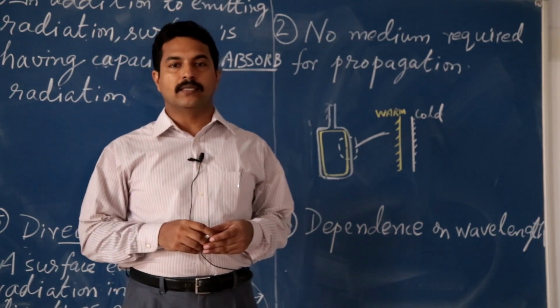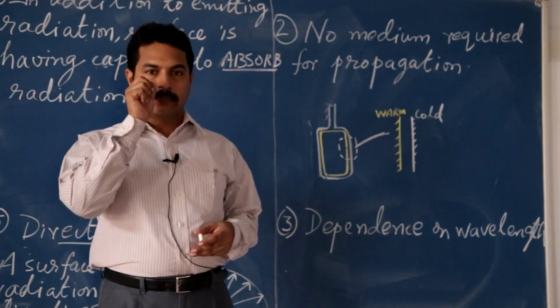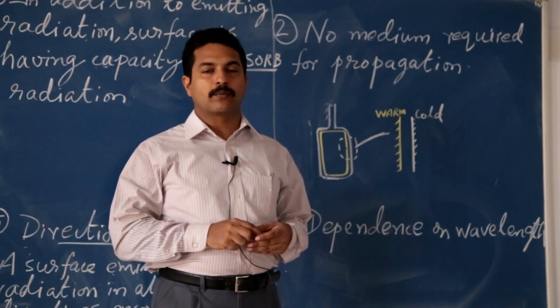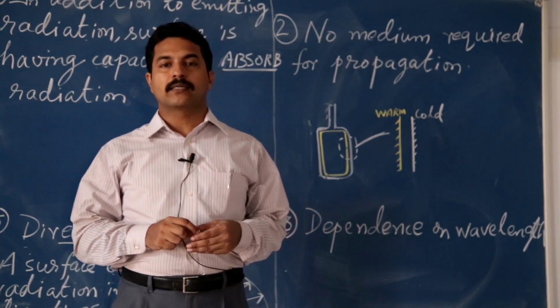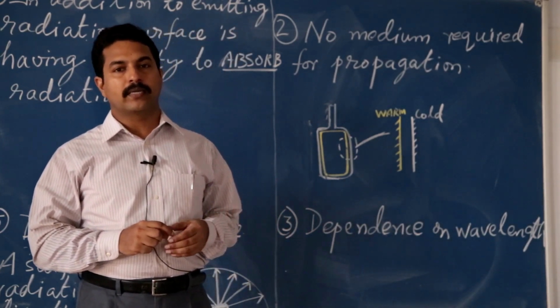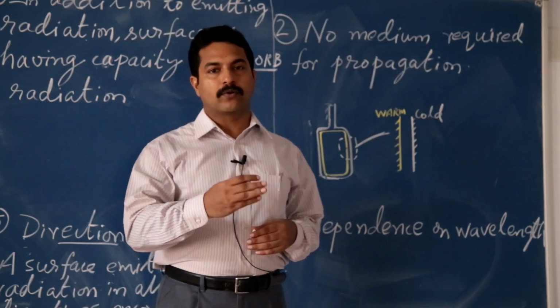The sun's energy coming to the earth is an example of thermal radiation. Unlike conduction and convection, thermal radiation doesn't require a medium for transfer of this radiative heat.